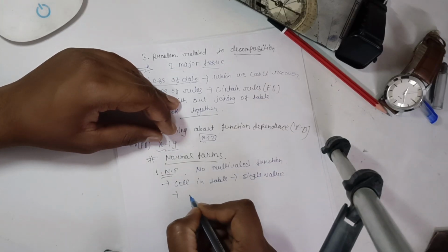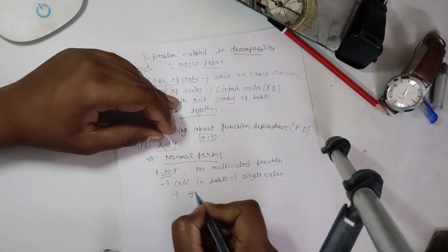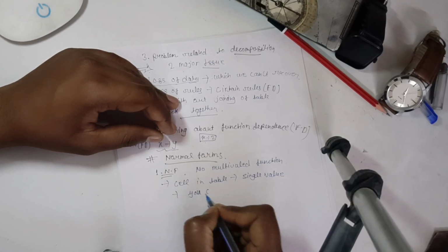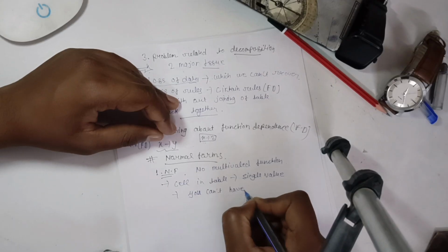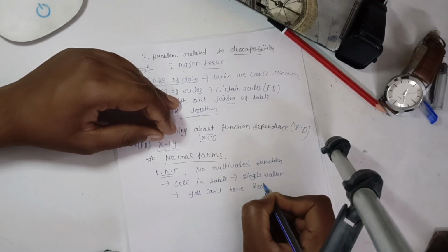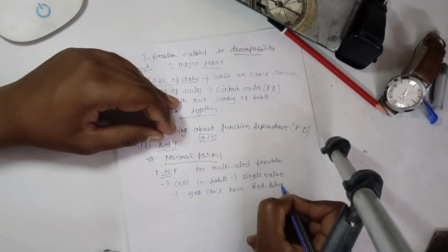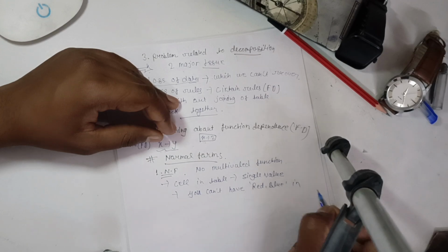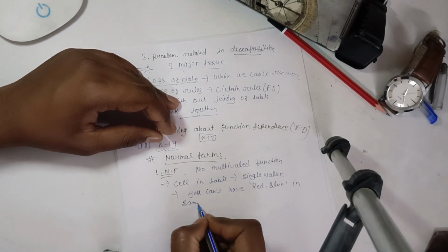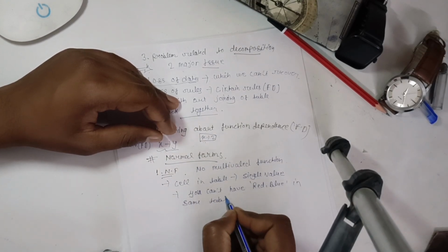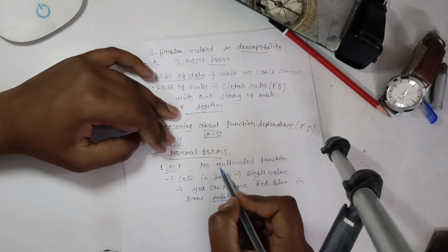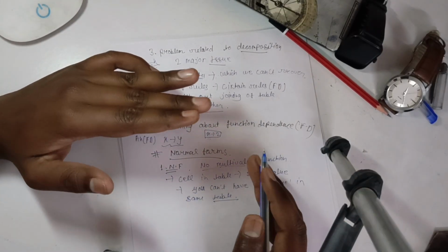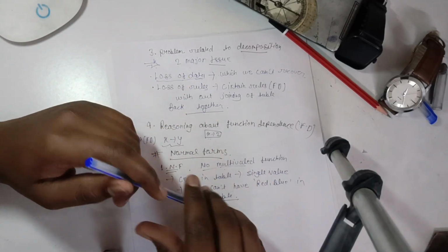Simple means you can't have red, blue in the same cell. Multi-valued means more than one value in one cell.